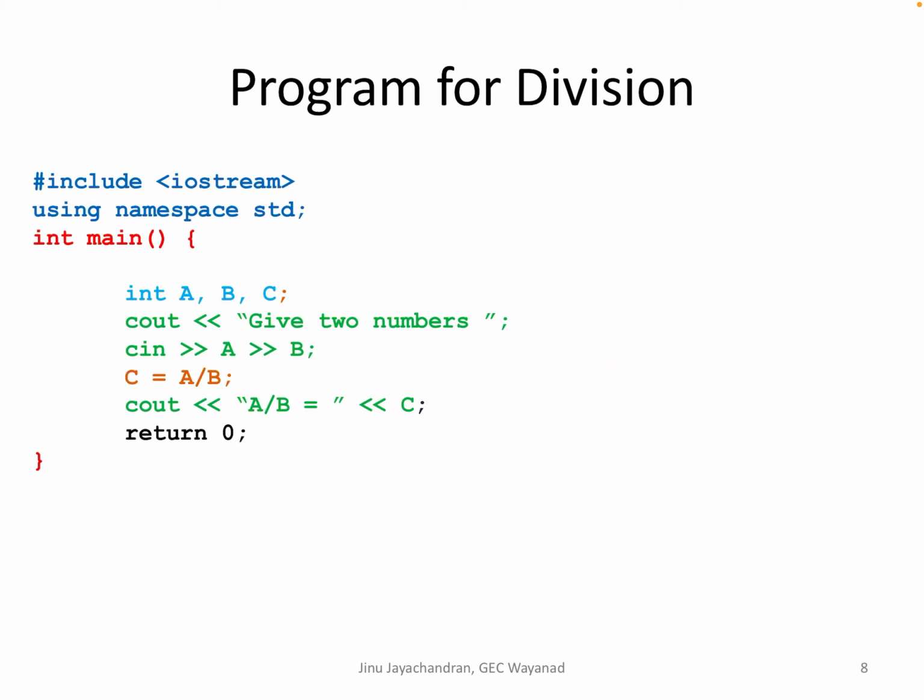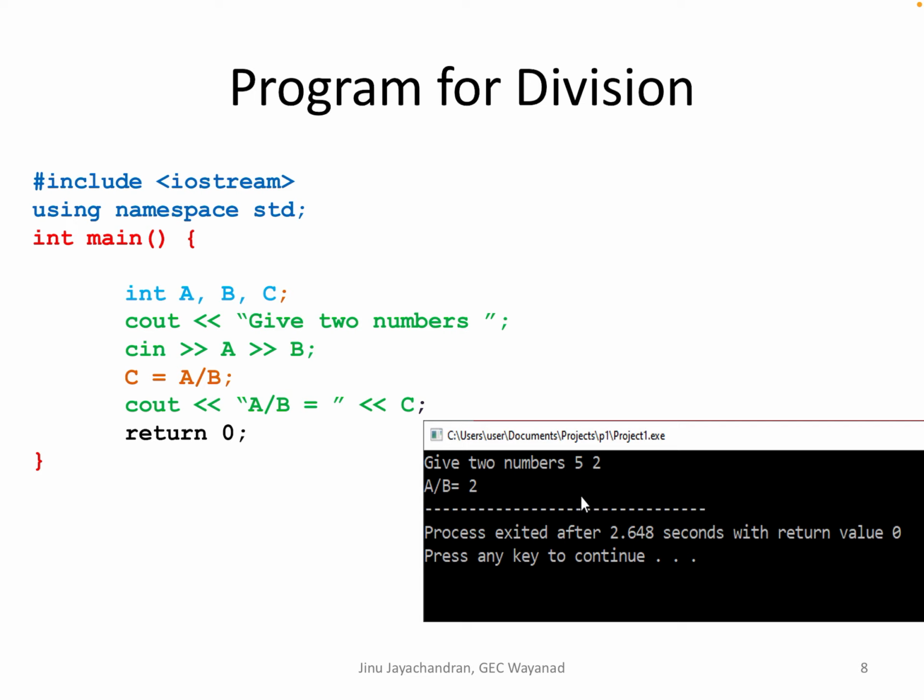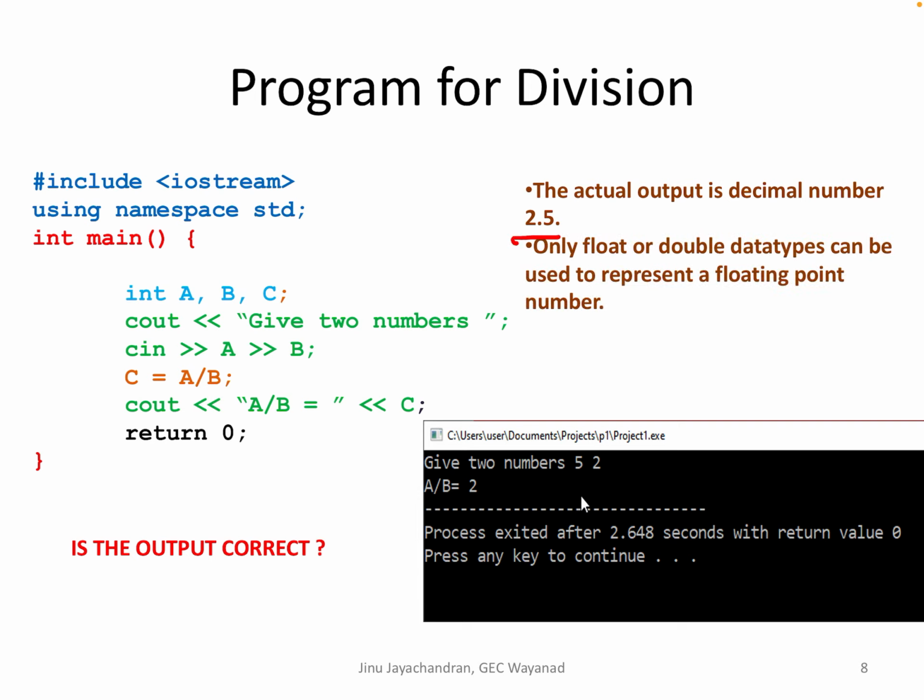Okay. So this is the program for division. And you see that when you give two numbers 5 and 2, A by B is equal to 2. So the actual output decimal number is 2.5. Only a float or double data type can be used to represent a floating point number. Here C is int.